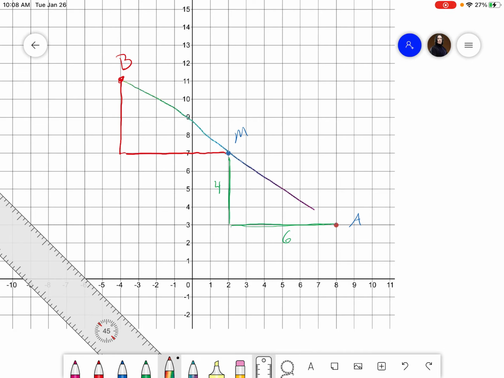I should really use a ruler, but that seems to make sense. So this is sort of geometrically what I'm trying to achieve. So if you are given one endpoint and a midpoint, you can figure it out on the Cartesian plane. Let's get back to a more algebraic approach.